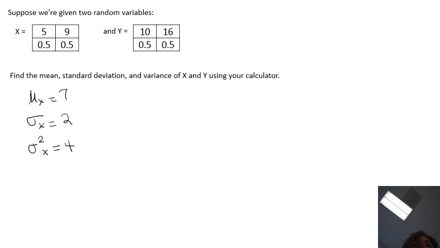Remember that the variance is just the square of the standard deviation. For y, my calculator told me that the mean of y is 13. The standard deviation of y is 3, and the variance of y would be 9.